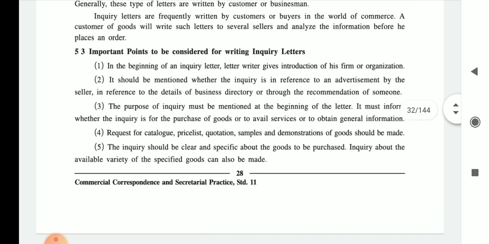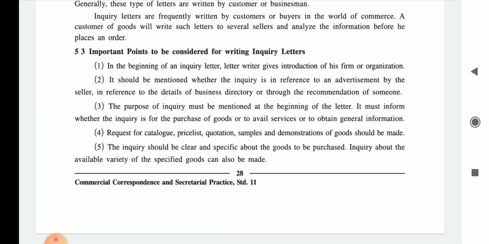Inquiry letters are frequently written by a customer or buyer in the world of commerce. See, inquiry letters are frequently written. Frequently written means, say, as far as I am considered one businessman and you are a second businessman, while I am making an inquiry, I am your customer.